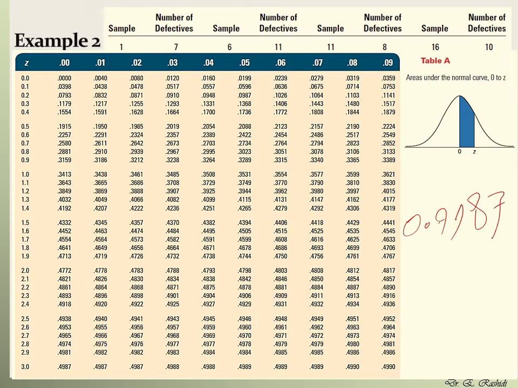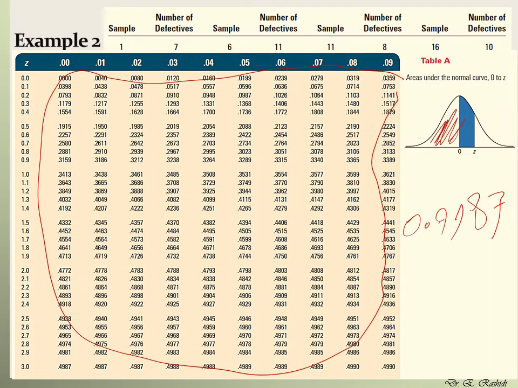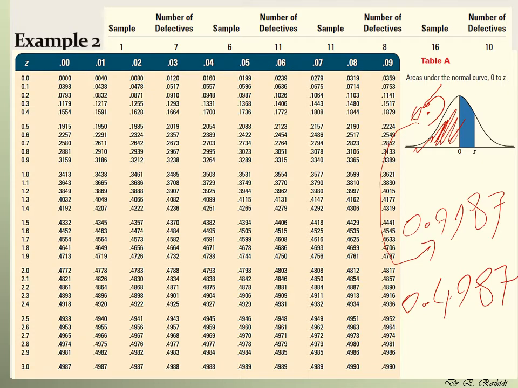This means that if the values in the table don't have this 0.5, you subtract 0.5 from this and you get 0.4987. Then you look for 0.4987 in the table.